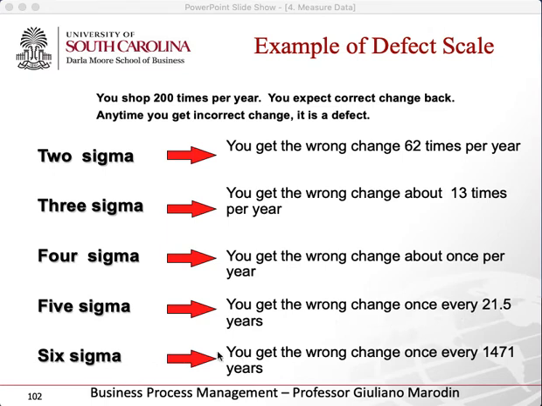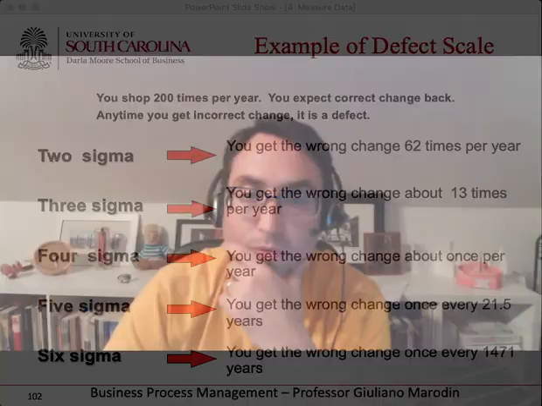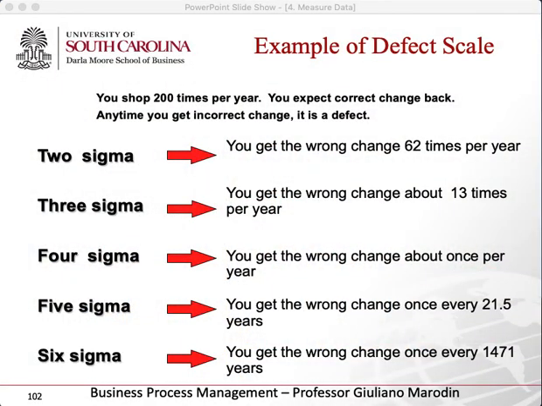And if you become a 6 sigma process, you're doing a change wrong every 1,471 years. So that's the power of getting into 6 sigma: if you increase your sigma level, the number of defects that you're generating is going to reduce drastically. That's why we're using all those tools, and we're learning all this methodology, and we're watching all those videos and doing those cool exams and learning all those tools.